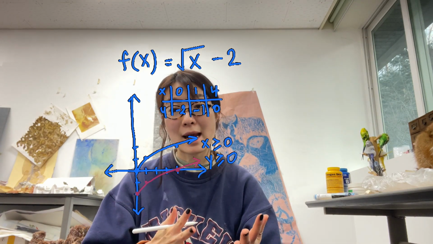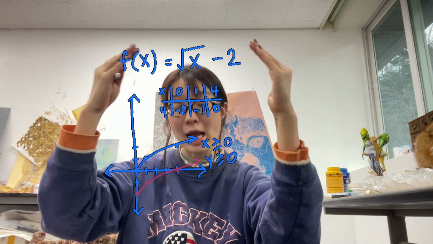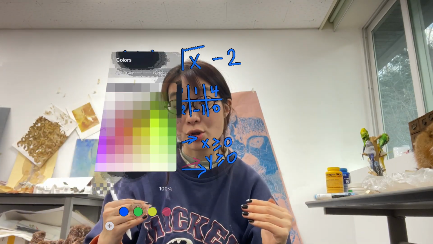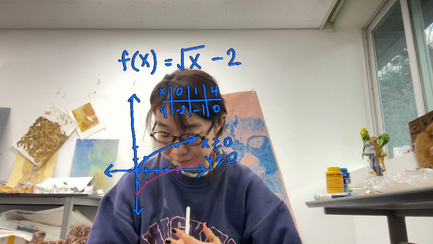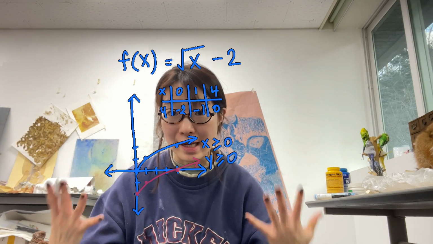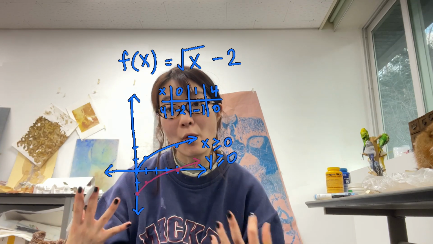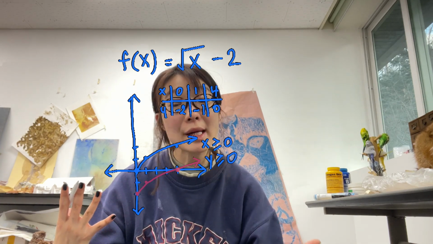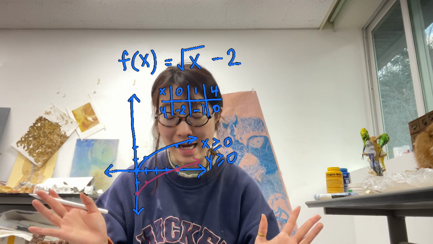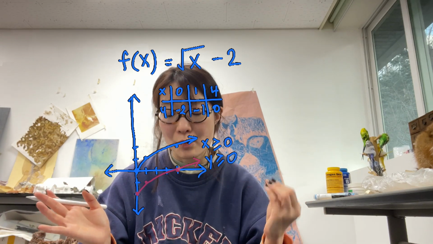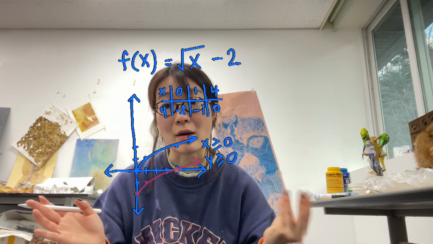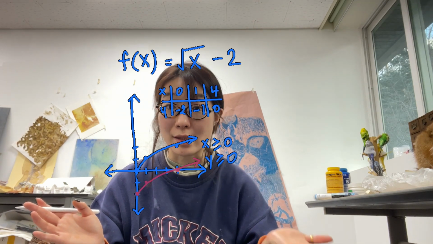So this is what I end up getting from our parent function. The whole graph shifted vertically by negative 2 units. And that means our domain and range also changed. For my domain, we are only interested in x values that are positive, so that's okay. But what about our range? We initially said our range was all y values that are equal to or bigger than 0.